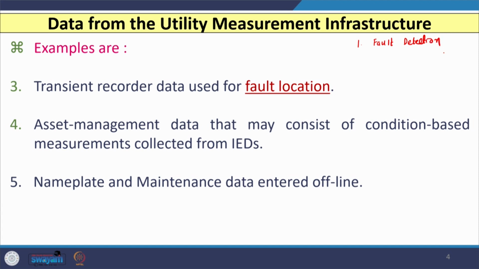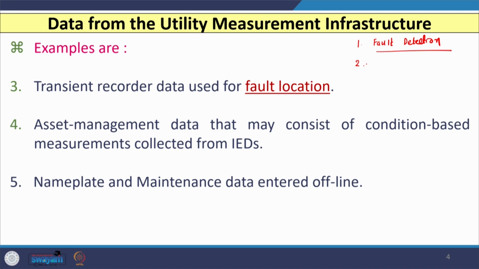Whenever anything goes wrong, any abnormal condition in the network or system, the first task is to detect the fault. Sometimes this is also known as an abnormal condition detection algorithm. This algorithm will tell you whether it is a fault or something else. So, the first task is fault detection.